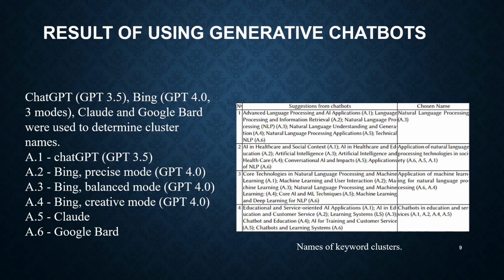In my opinion, A1, A4, A5, A6 was the best. Looking at the slide, you can see which chatbots are recommended for this task. This also shows that using the Bing chatbot in strict mode for creative tasks is not a great idea.